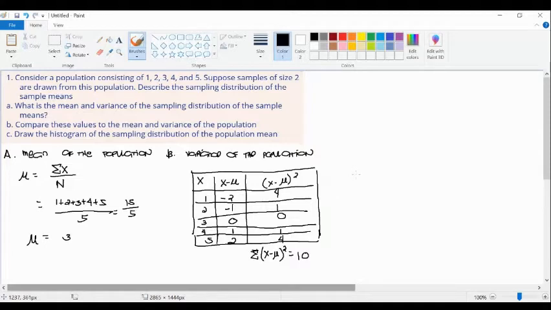But that's not yet the variance. The formula for the variance is the summation of x minus mu, squared, over n, the total number of your outcomes. So that is 10 divided by 5, and it will give us a variance of 2. Therefore, the mean of your population is 3 and the variance of your population is 2.